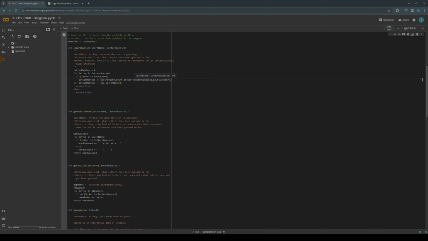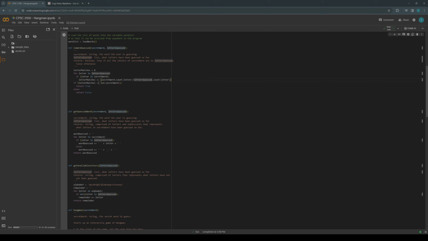You would add 2 P's for the first P in your letters guessed, and then you would guess another P, and once again, in the secret word, there's 2 P's. So you would add another 2, which you don't want to do. With this division, it's going to check, okay, how many P's do we have in apple? We have 2 P's. Well, how many times does P appear in our letters guessed? If you have APPLE, then you have 2 P's. So we're going to divide by 2, and you would get 1, because 2 divided by 2 is 1.